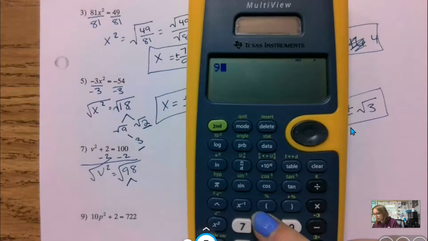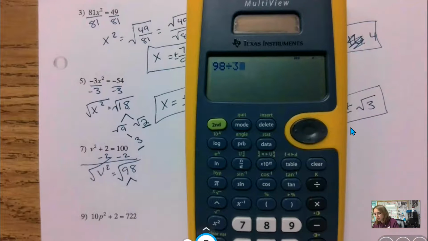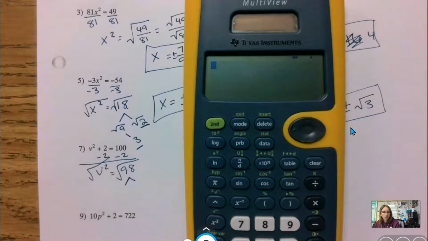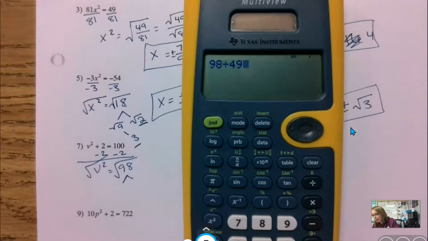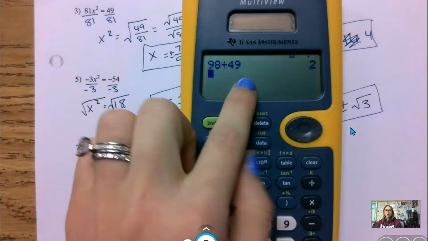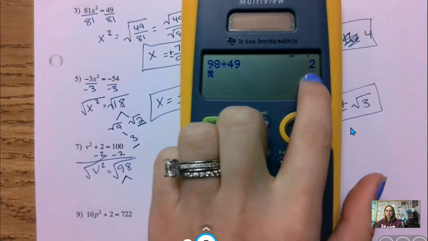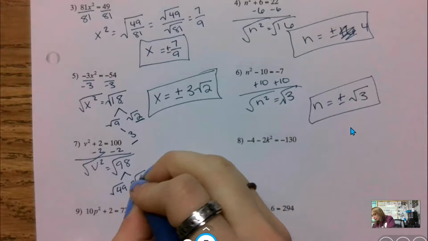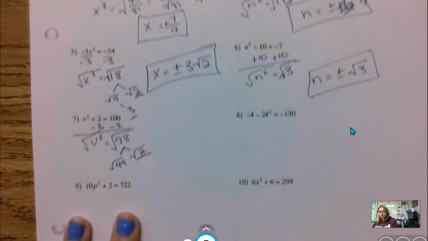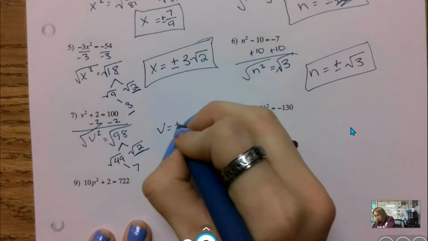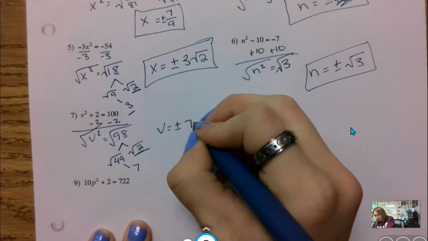Let's do 98 divided by 36. Okay, let's try 49 then. Oh, 49 it is. So my perfect square, and then my non-perfect. So the square root of 49 and the square root of 2. 2's done, and then this reduces to 7. So v equals positive or negative 7 radical 2.